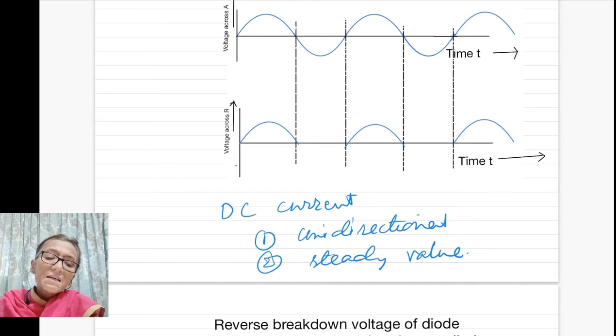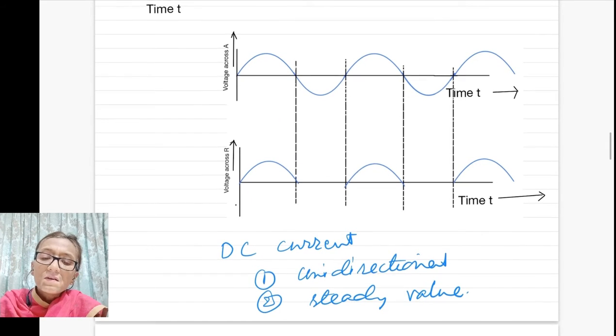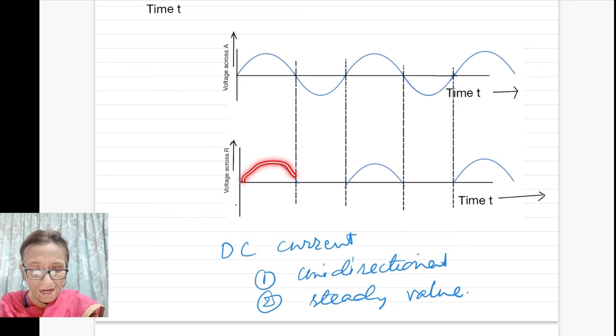Now you can see that at the load resistance, the voltage has become unidirectional. It is not going in another direction. So the voltage has become unidirectional.